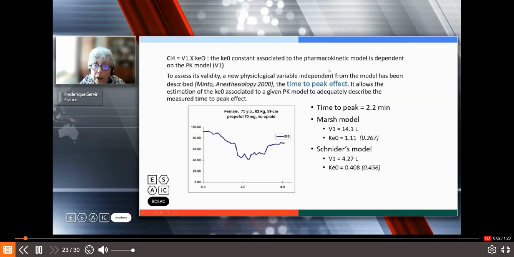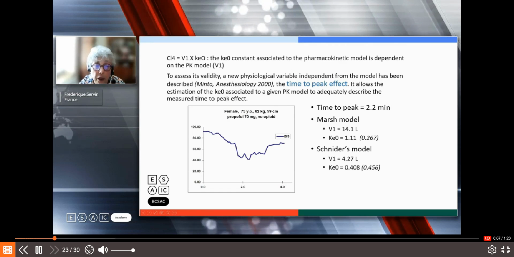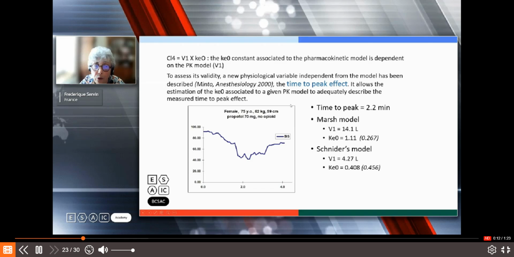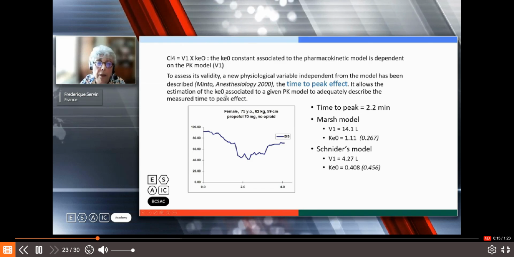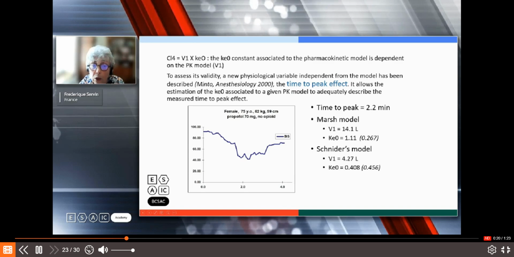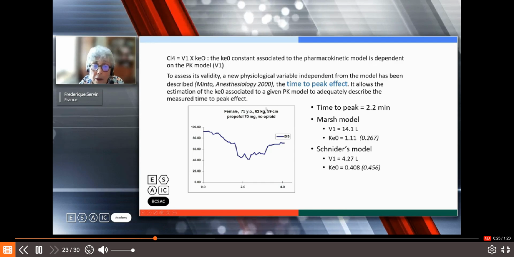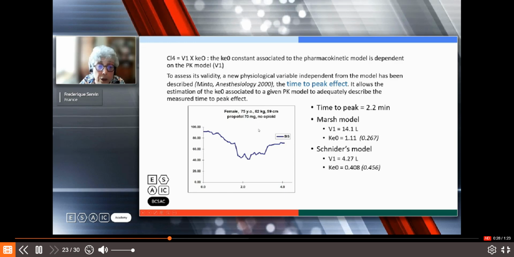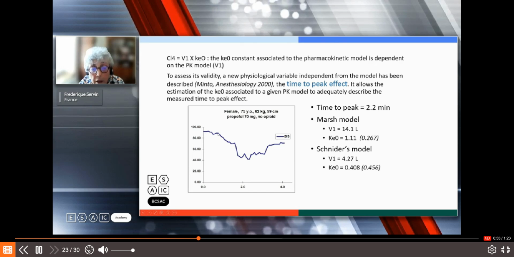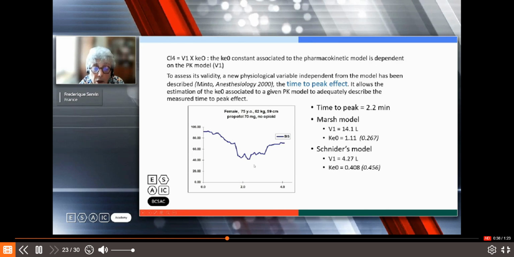Is there a way to check that this calculation of the ke0 is not just mathematics out of nowhere? Yes, there is. And in 2000, Charles Minto described a new physiological variable which is independent of any model. If you administer, for example, in an elderly patient, propofol at a low dose, you will see the BIS going down and then up again, reaching a nadir.